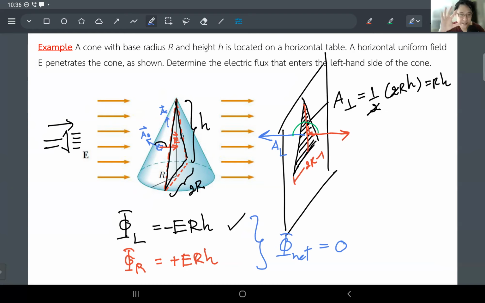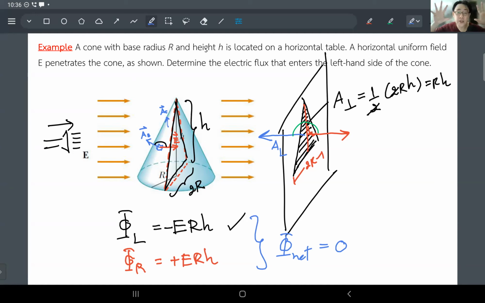So one more example, just one more time. Think of it this way: if I have an electric field going through in front of my face, what is the net flux going through my face? Of course, when you look at my face, it's going to be crazy, because I will have the area vector pointing in crazy directions.